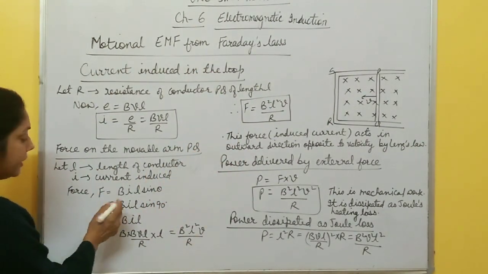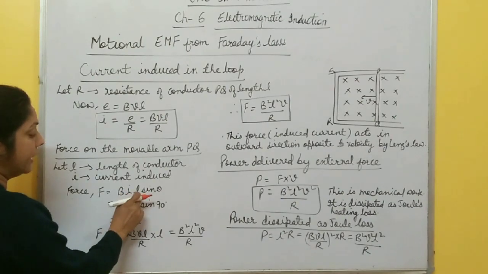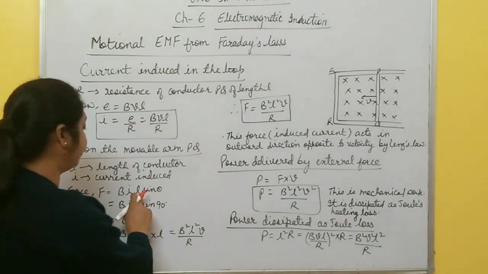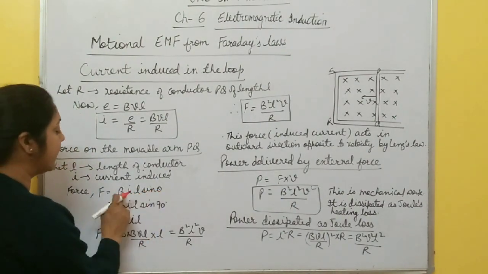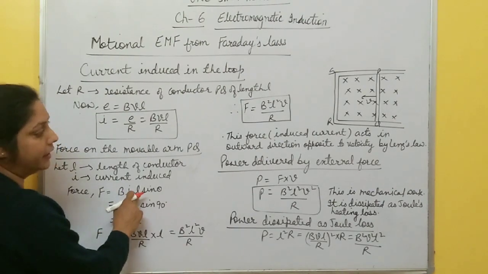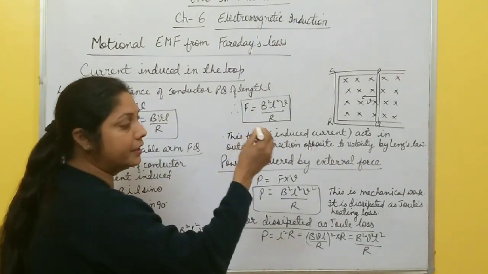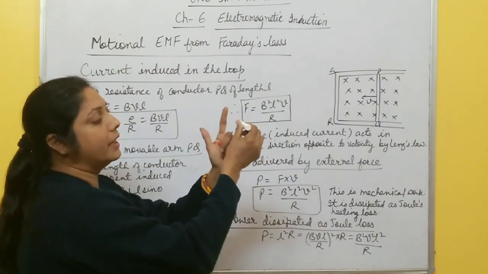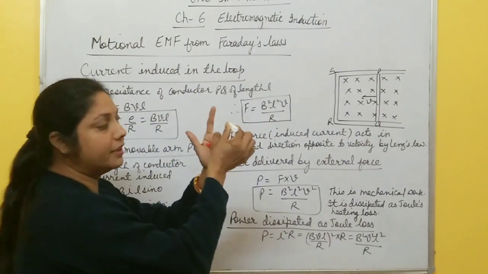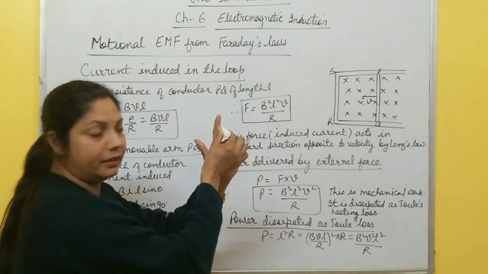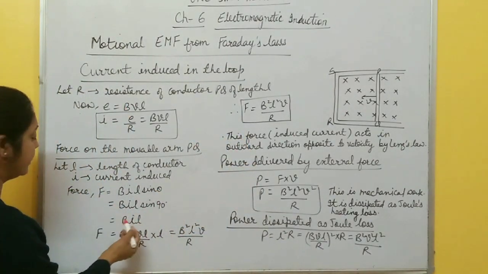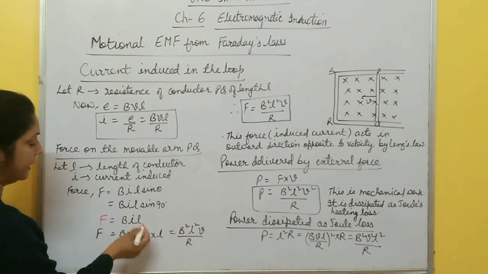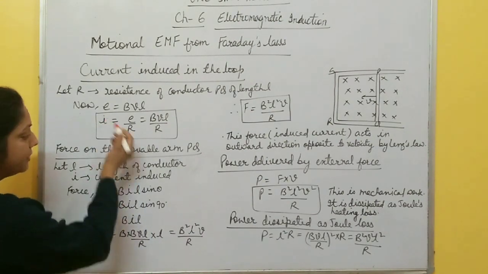So the force is BIL sin theta, already studied in chapter 4. Here theta is the angle between B and the length of the conductor. The magnetic field is inward and the length of the conductor lies across it, so the angle between length and magnetic field is 90 degrees. Sin 90 is 1, so the force becomes BIL.